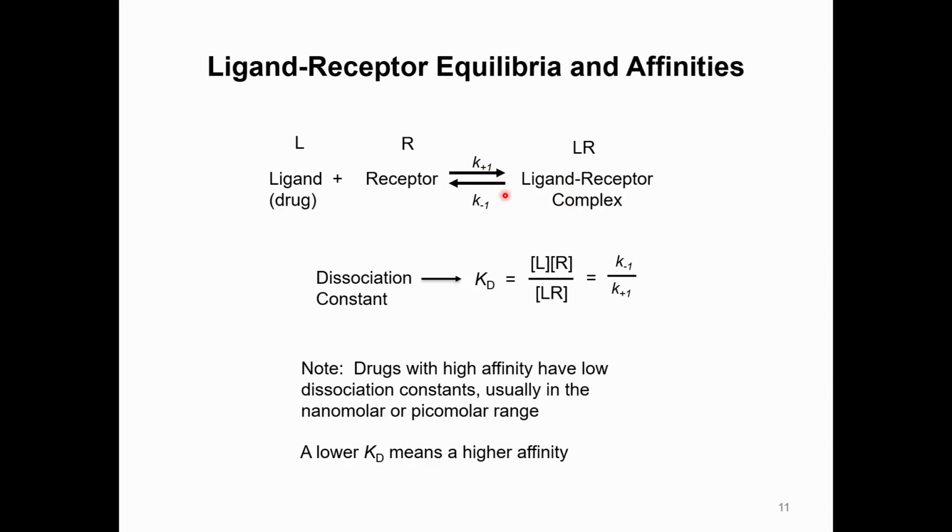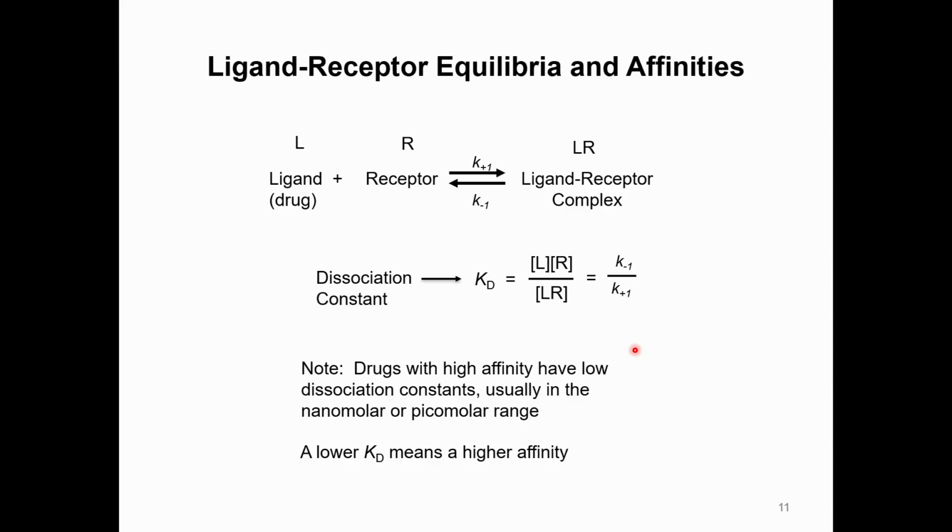And there's an equilibrium between these two things. And so once again, from such studies, you can determine the dissociation constant, which is the free ligand concentration times the free receptor concentration divided by the concentration of the ligand receptor complex. And incidentally, that's equal to this dissociation rate divided by the association rate, okay?